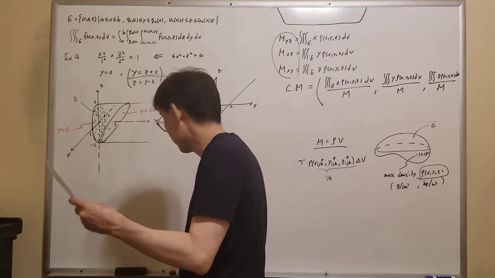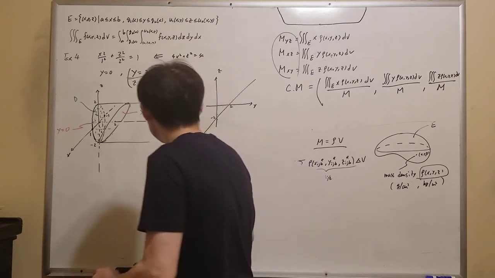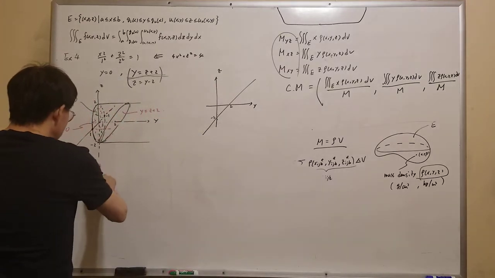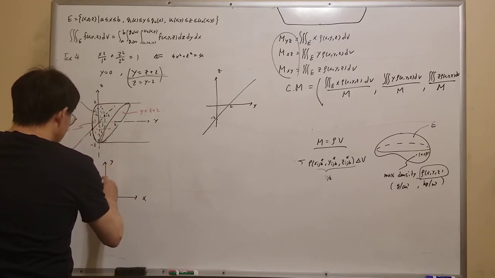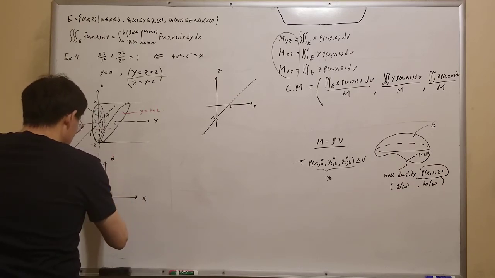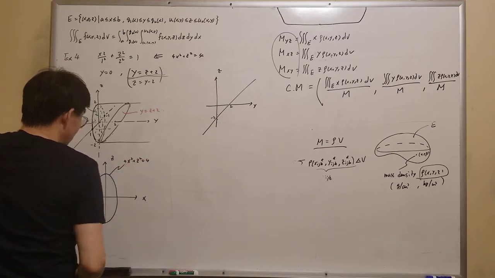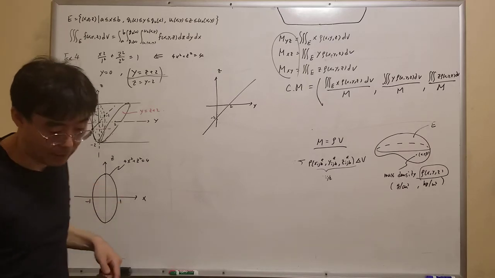So your D is actually, if I draw D, region D is x-axis, z-axis. I want to write this one as x runs from -1 to 1, z runs from here to here. Okay?